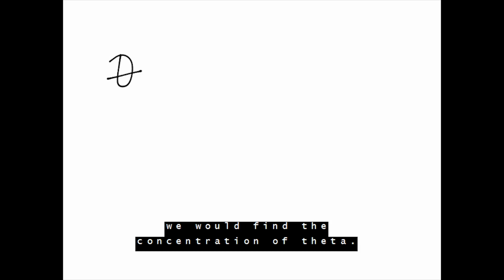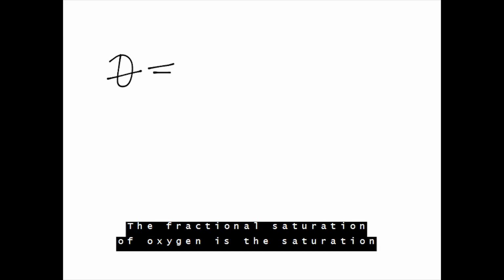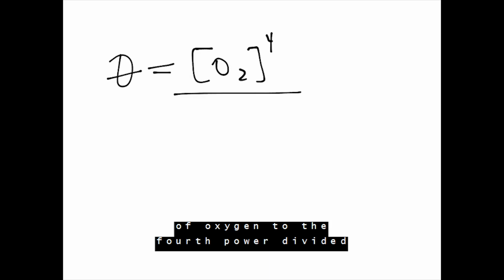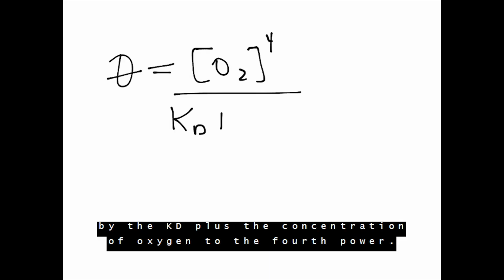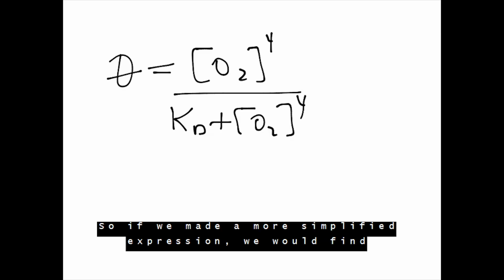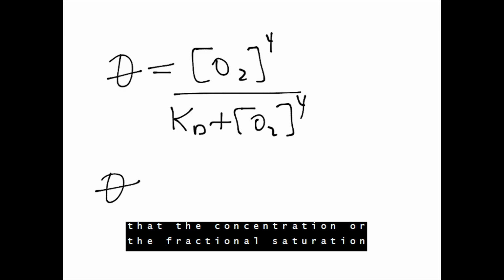And when we were all said and done, we would find that theta, the fractional saturation of oxygen, is the concentration of oxygen to the 4th power divided by the KD plus the concentration of oxygen to the 4th power.